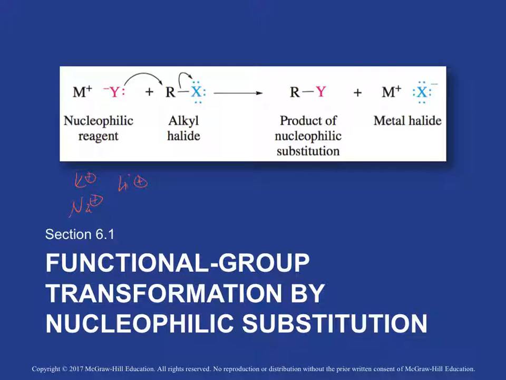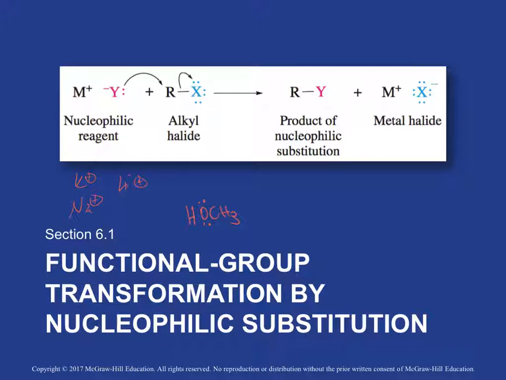Now, once in a while, later on, I'm kind of skipping ahead, we can also imagine what happens if we see this? It's the same principle, okay? So I wanted to point it out because here we have an atom that's got lone pair electrons, so it could be a nucleophile, but we don't have a cation.